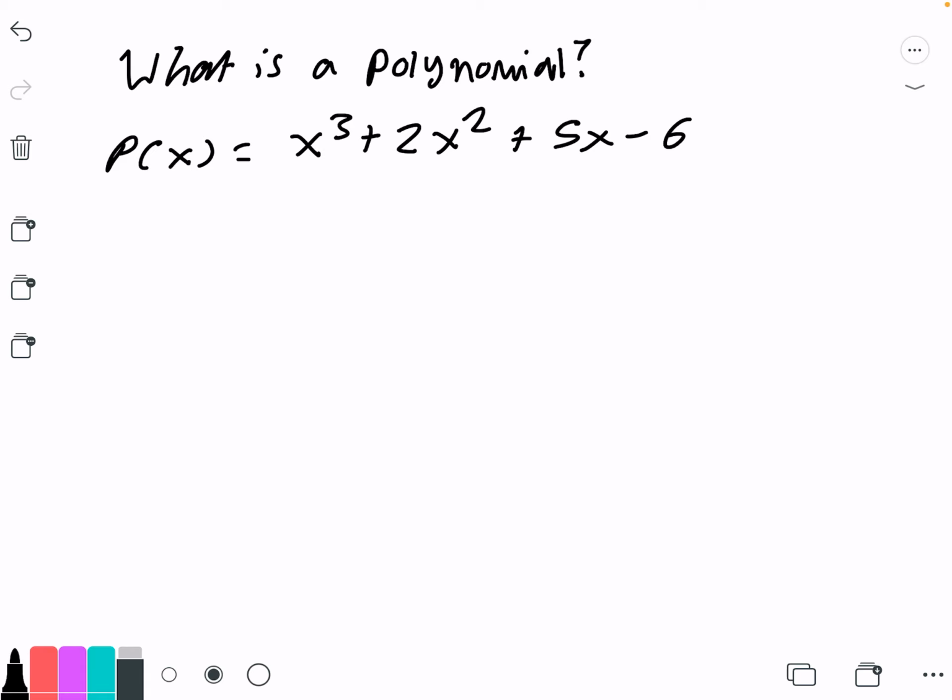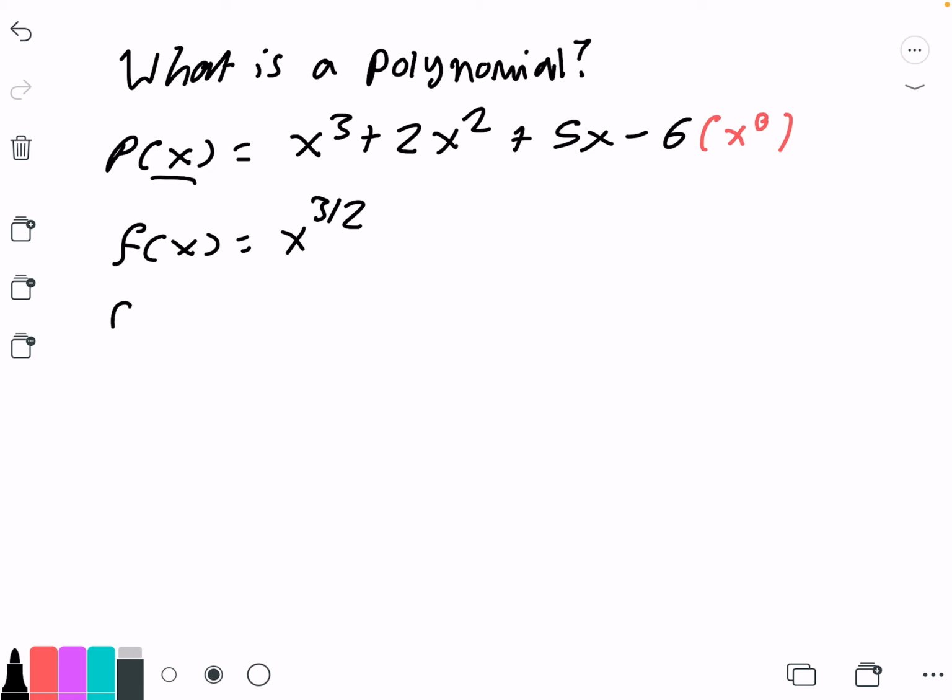So this is a polynomial, and it highlights some of the things that qualify a function to be a polynomial. The first thing is that every power of x, or the variable, has a non-negative integer power. What this means is natural numbers, so stuff like 0, 1, 2, 3, and so on. If we had something like f of x equals x to the 3 halves, this is not a polynomial.